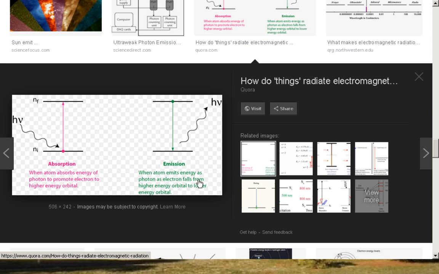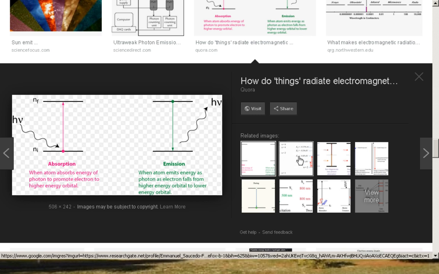When an atom emits energy as a photon, an electron falls from a higher energy orbital to a lower energy one. This is how the spectrum works for different chemicals.